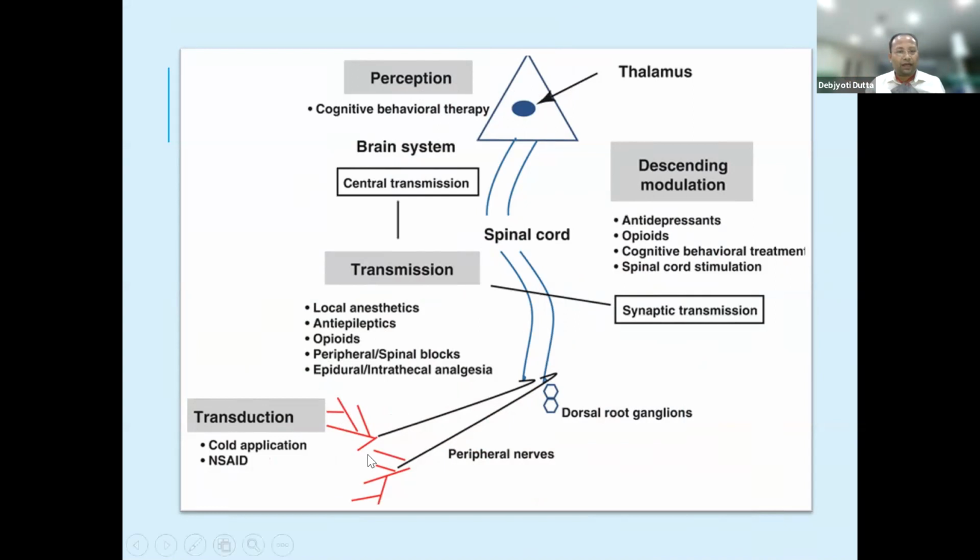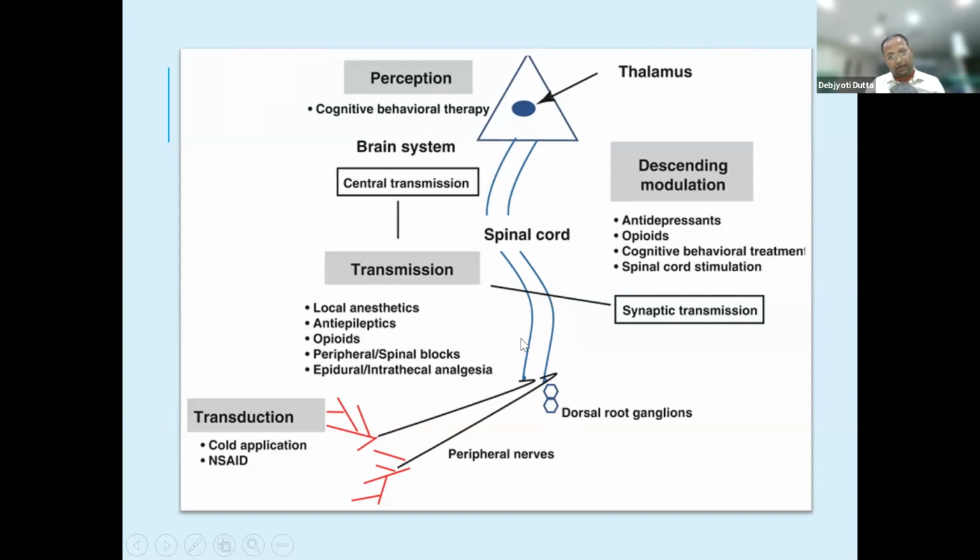If I am targeting the transduction part, then I want to target the conversion of the chemical released at the site into electrical stimulation. There only I am attacking, I am targeting to treat the pain there. So NSAIDs will treat the pain at the transduction level.